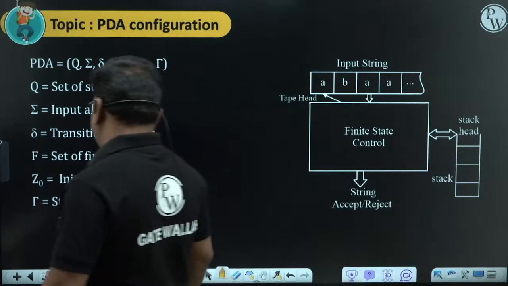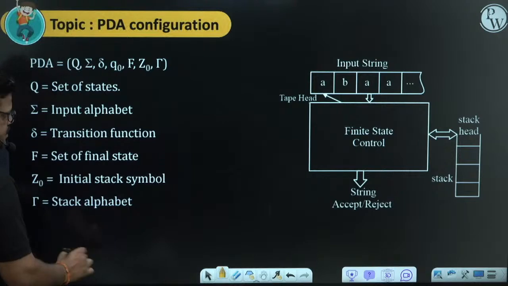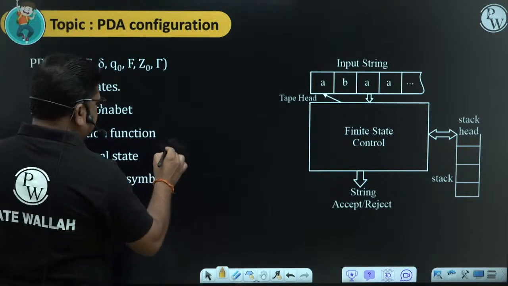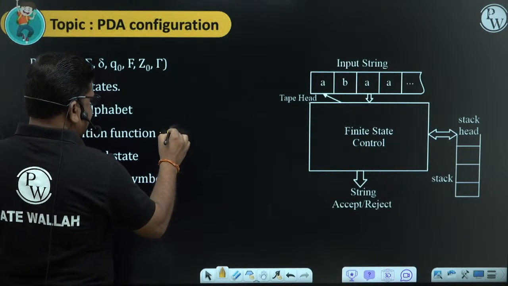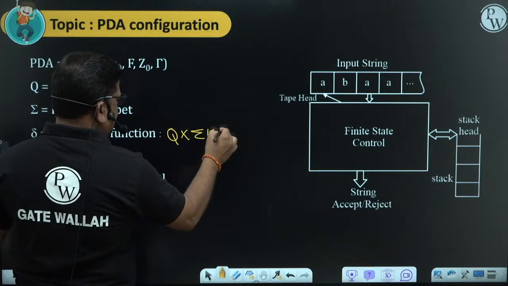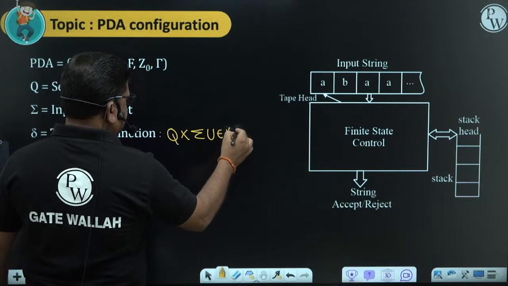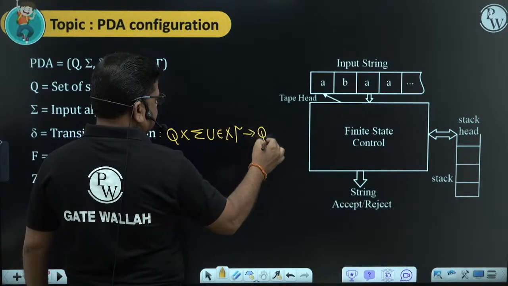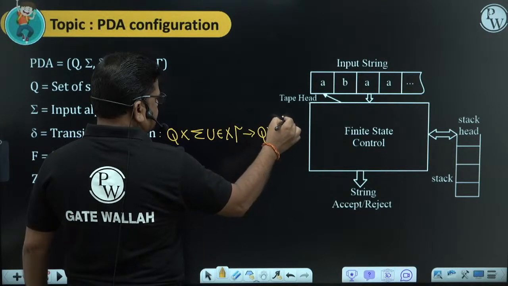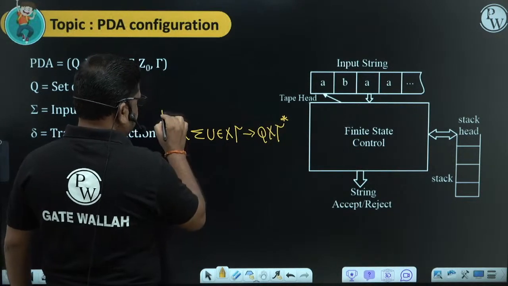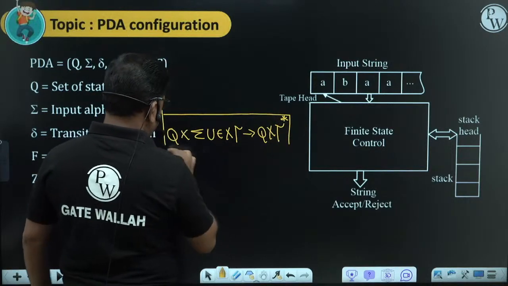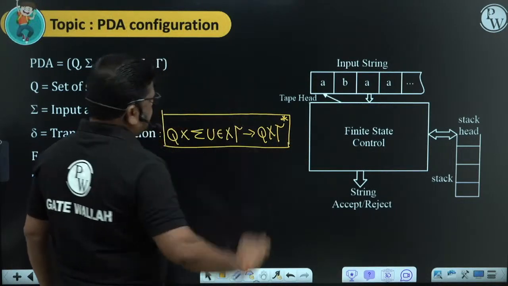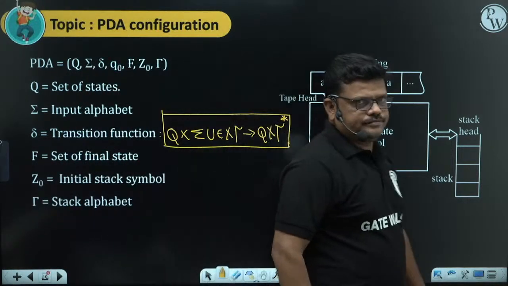Here I want to write the transition function separately. It's one of the important things. This is the transition function.